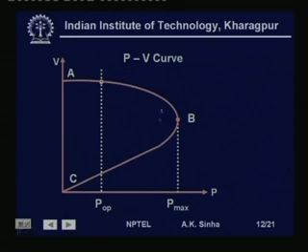Now, this PV curve tells us that for every operating point, that is every value of P, we have 2 points, 2 voltages which are available, one here and another here. Normally, the system will work in this region only, because this is the stable region, whereas this region is the unstable region.